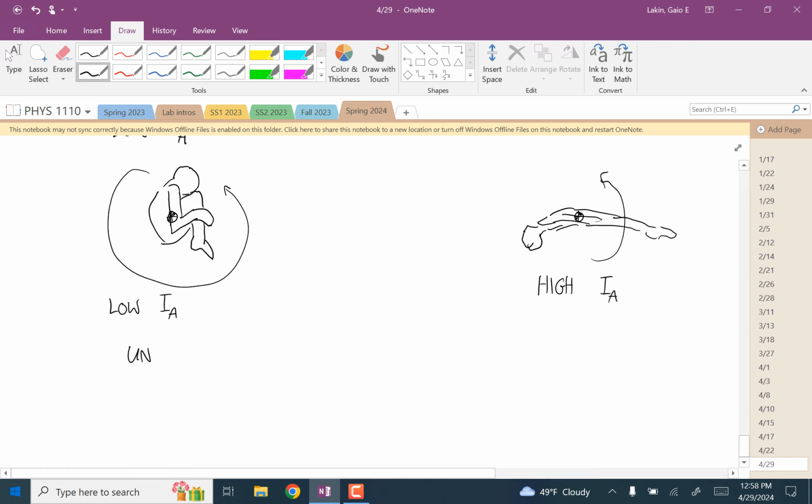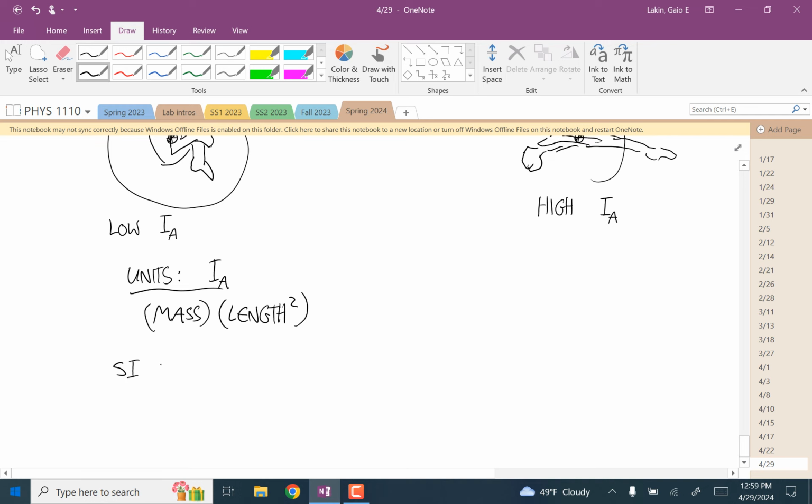The units are kilogram meters squared. Well, hold on. I should say the general units are mass times length squared. And that means that the SI units are kilogram meters squared.